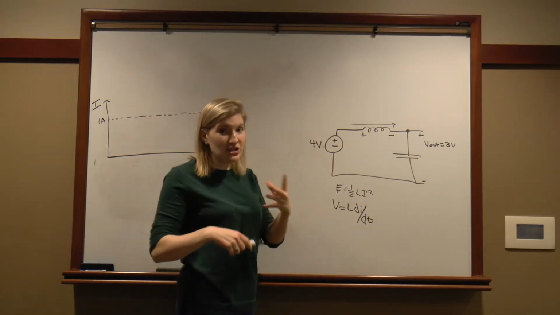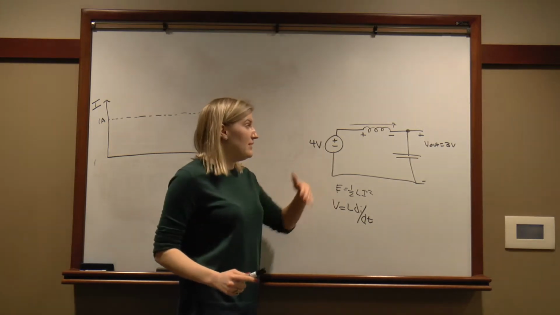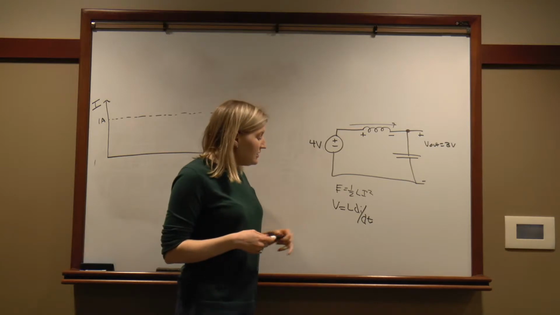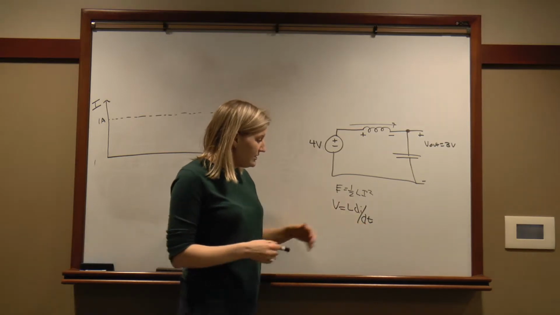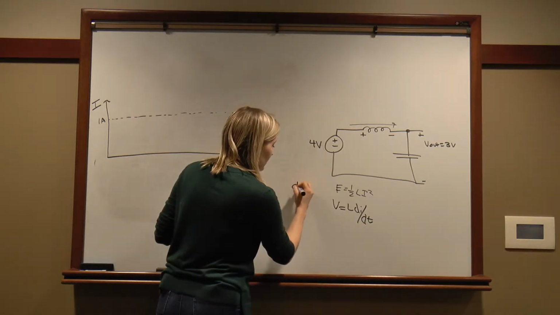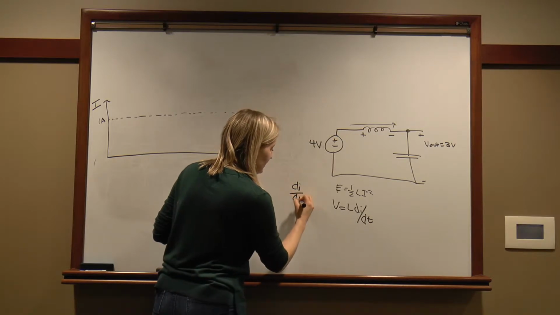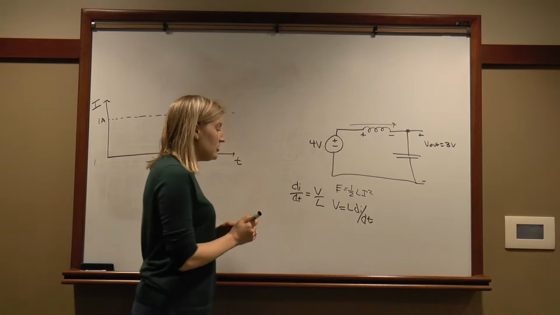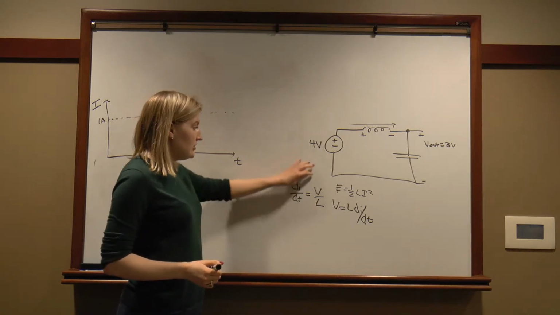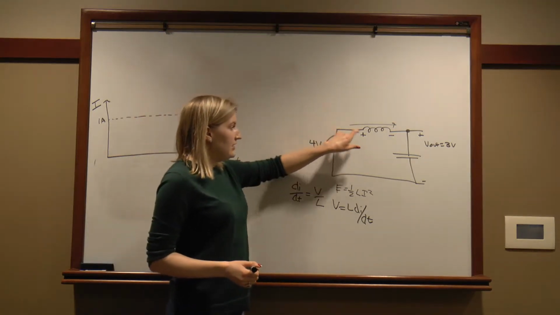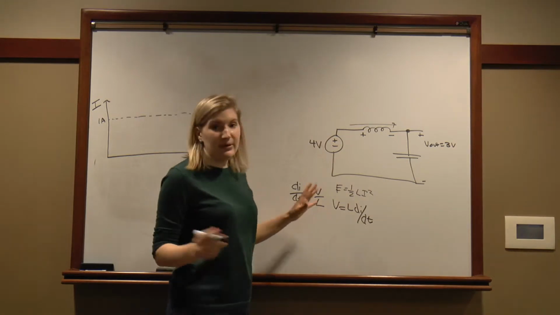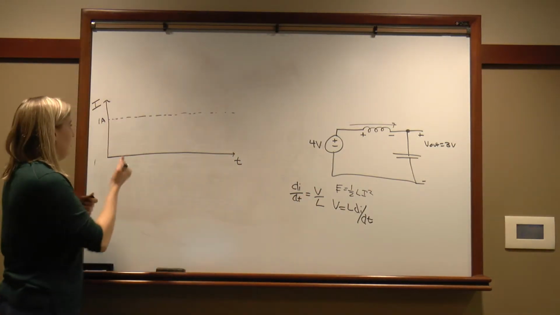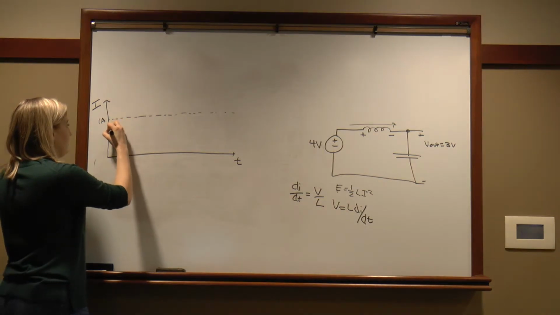Because that changing magnetic field is what's making this voltage appear. It's a self-induced EMF. And so we know that our slope, our change in current, di over dt, equals V over L. So when the switch is closed, the voltage over the inductor is V in minus V out, where L is our constant, and so we know that it's going to look something like this.